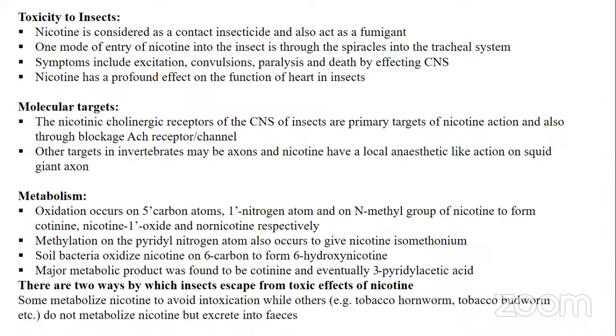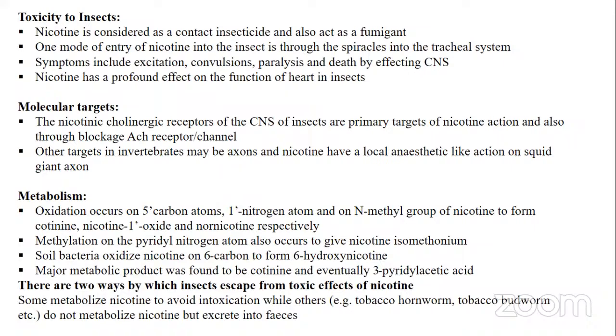Coming to molecular targets, the nicotinic cholinergic receptors of the insect CNS are the primary targets of nicotine action, and also through blockage of the acetylcholine receptor channel. Other targets in invertebrates may be axons, and nicotine has a local anesthetic-like action on the squid giant axon.